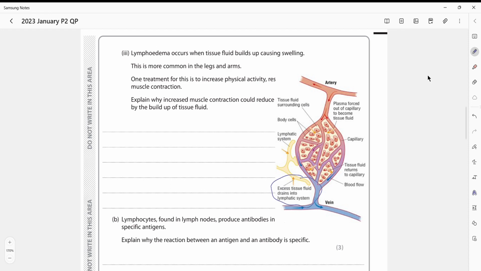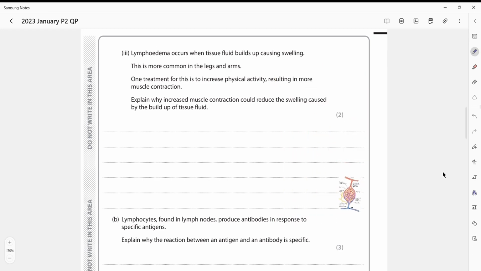What would happen to the excess tissue fluid, and you see this here? The excess tissue fluid gets drained into the lymphatic system. And what does that have to do with muscle contraction? Well, muscle contraction helps move all of this fluid into that lymphatic system. So we can write that down.